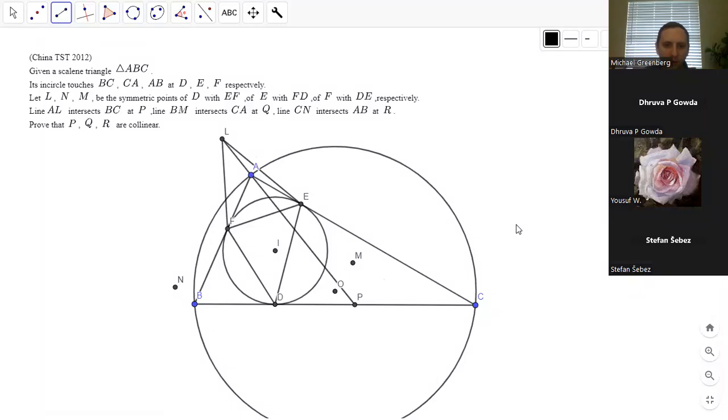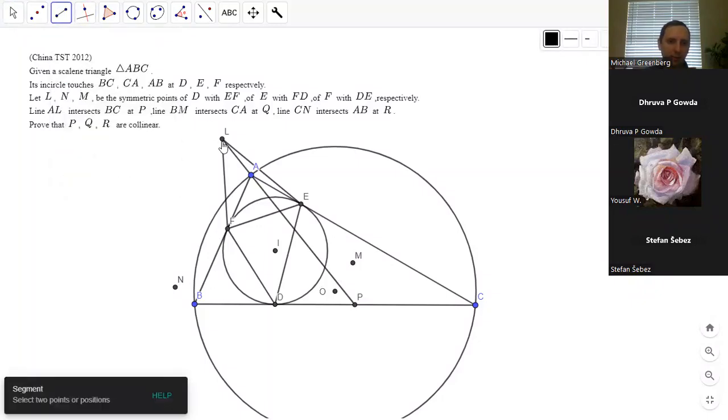All right. I did not remember that, but I'm sure we did it before. My memory is just not as good as it used to be. Let's see. This is obviously a kite. DL is perpendicular to EF.